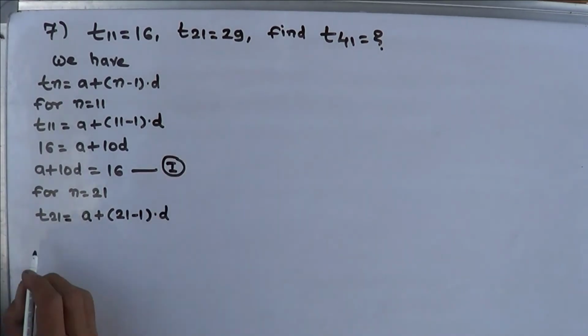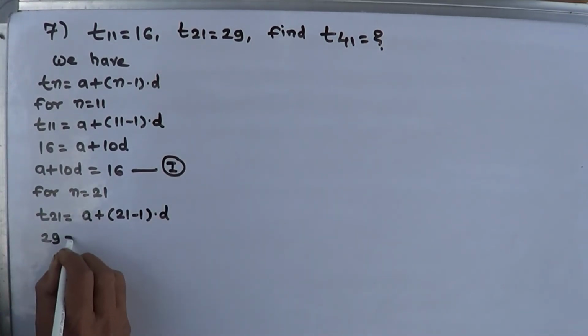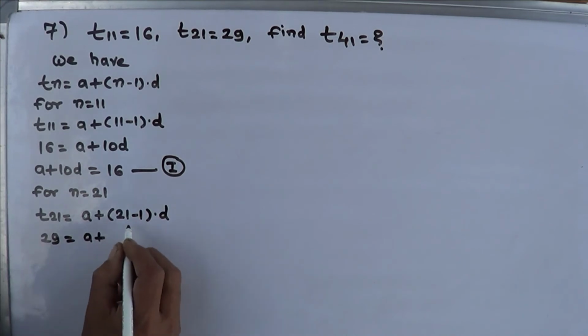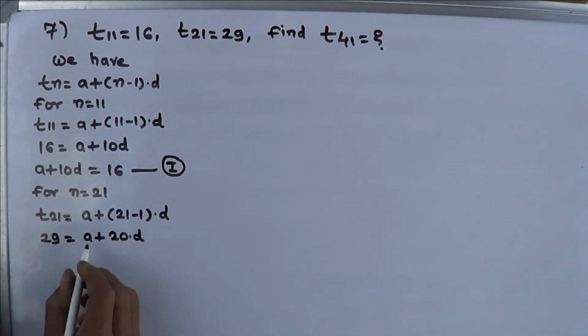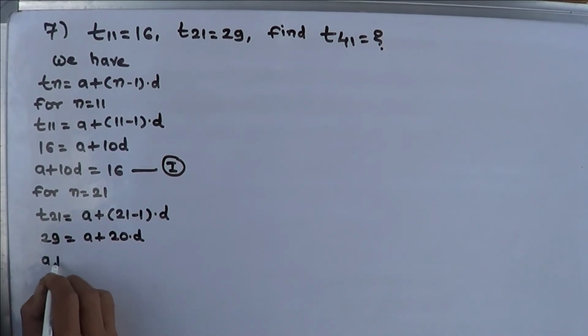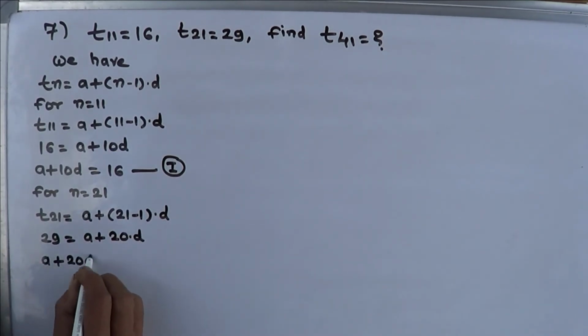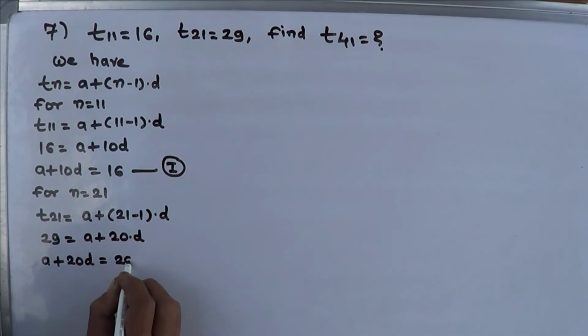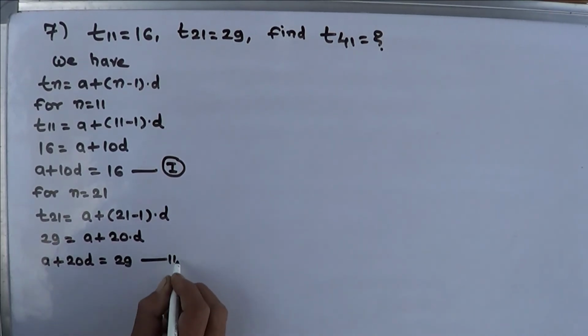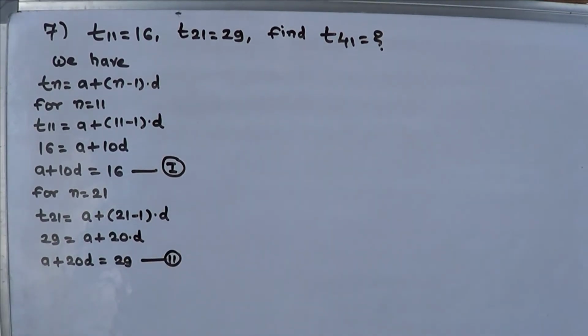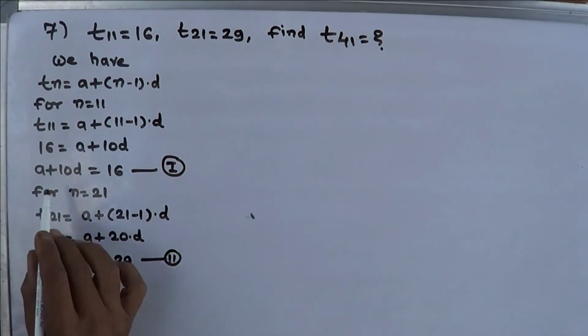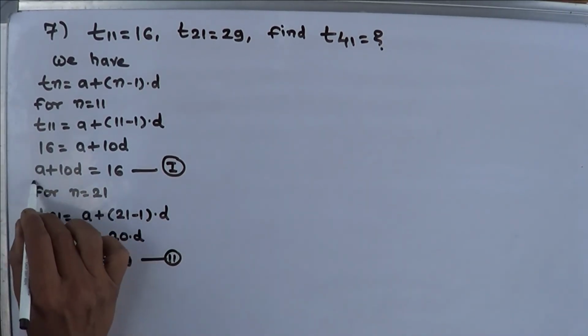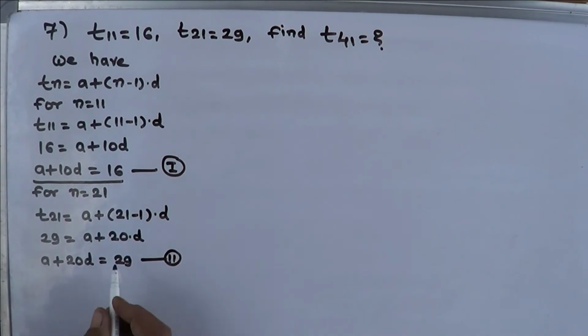T21 is 29, and a plus 21 minus 1, that is 20, into d. So we will get a plus 20d equal to 29, and this is our second equation. So here we have two equations: first, a plus 10d equal to 16; second, a plus 20d equal to 29.